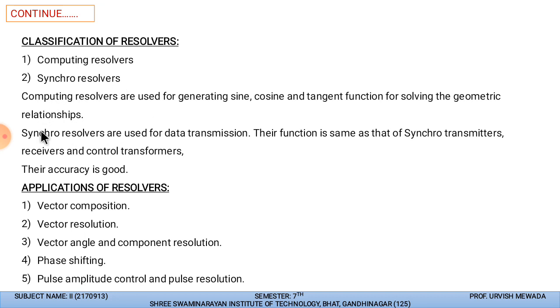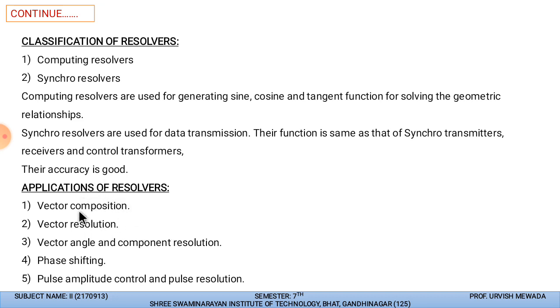So we can use resolvers to check the output, meaning shaft output, in terms of Cartesian voltage. The applications of the resolver are, first, vector composition, then vector resolution, and vector angle and component resolution, because of the arrangement of rotor conductor and stator conductor.